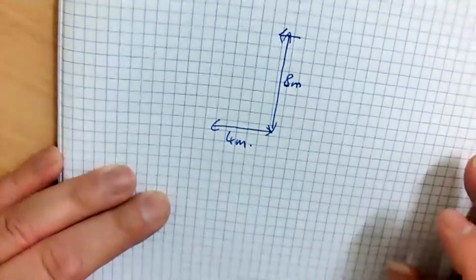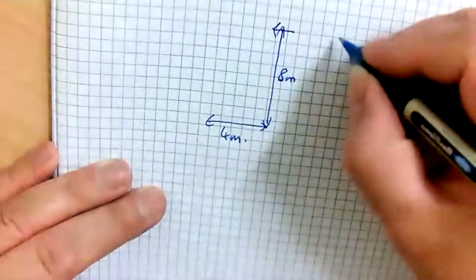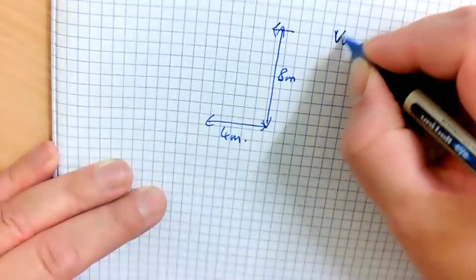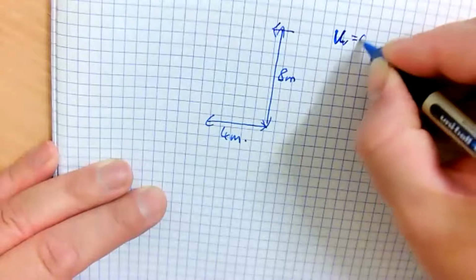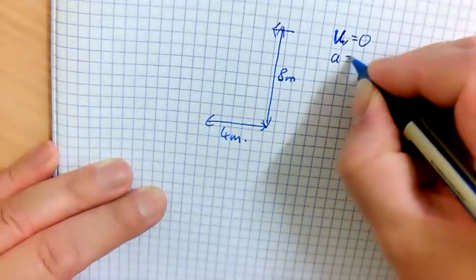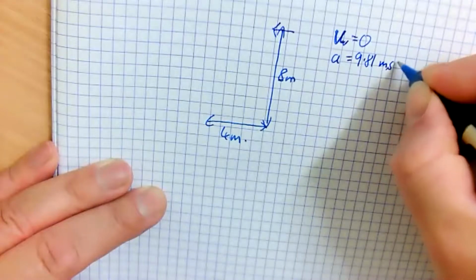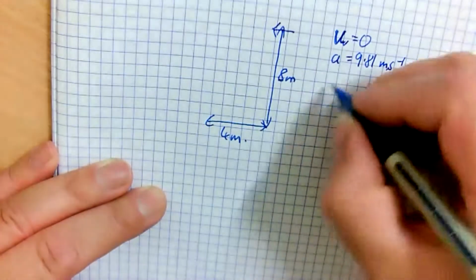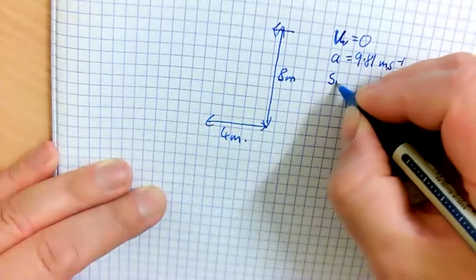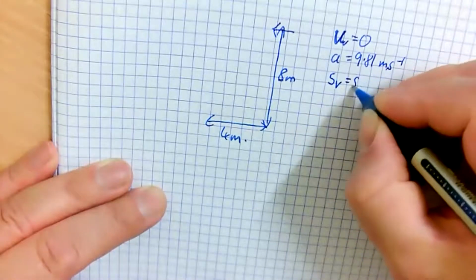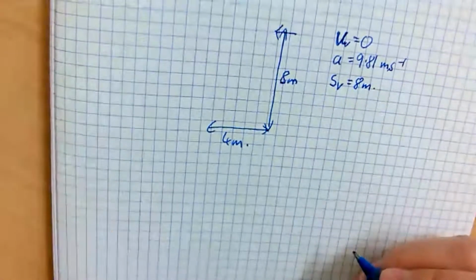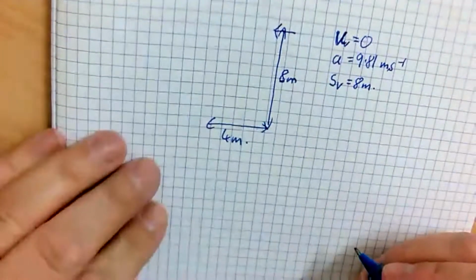So if it's starting off with a horizontal only velocity, then the initial vertical component of the velocity is going to be 0. We know the acceleration is 9.81 meters per second squared. And we know the vertical distance is 8 meters. So we could use the SUVAT equations to work out the time.